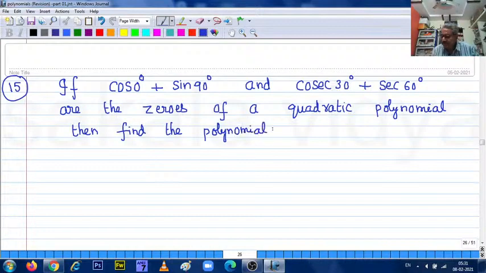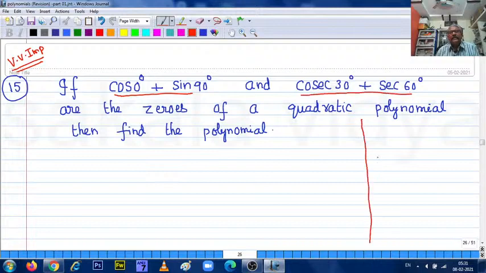Actually, this problem is also called a connection problem. These kind of problems are very important regarding examinations. This is a very important question, but simple. This is say alpha, this is beta. That means first of all, we should know these values.